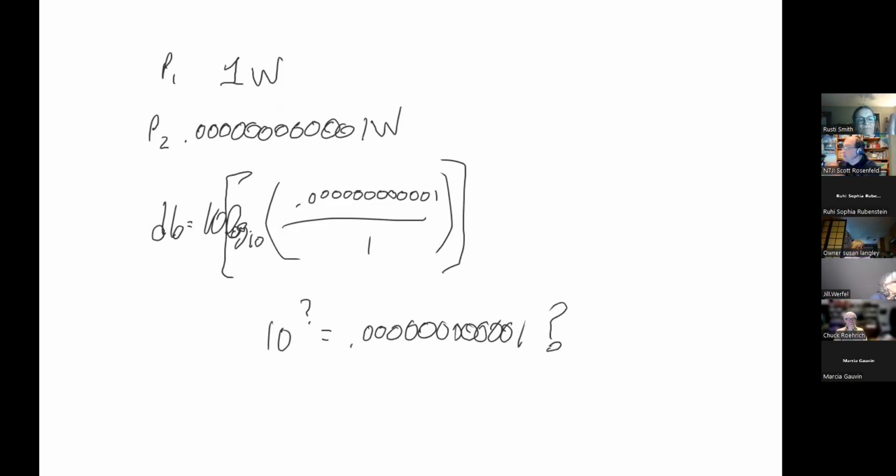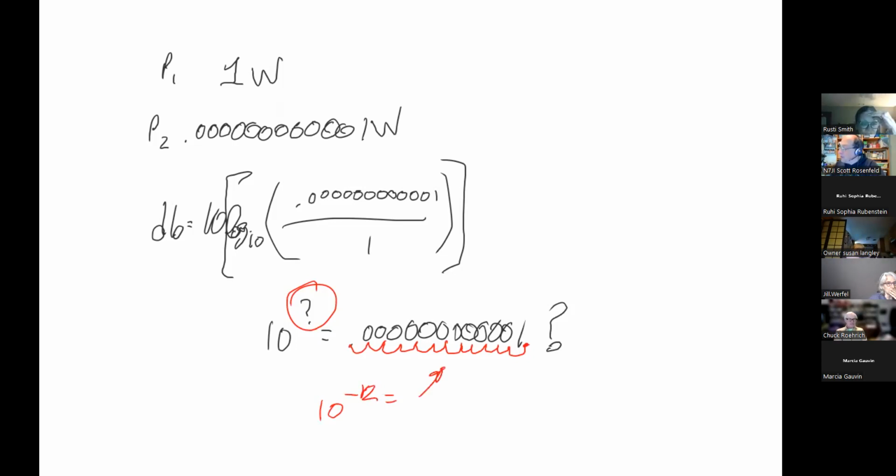Well, we can figure this out. Let's take our little decimal point and start moving it. 1, 2, 3, 4, 5, 6, 7, 8, 9, 10, 11, 12 times. That means we had to move the decimal point 12 times to the right, which means that 10 to the minus 12th is equal to that.